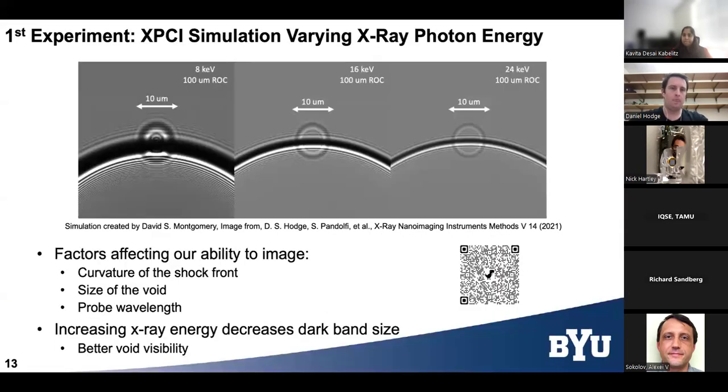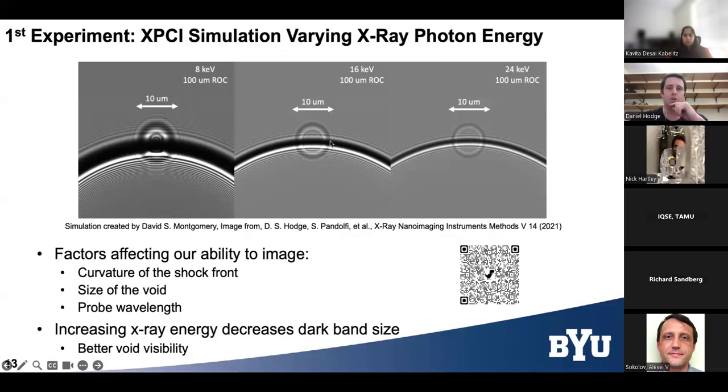And so, still on the first experiment, simulations were made, basically showing why refraction was the issue. So if we have this mock shockwave of a particular radius with a 10 micron sized void at 8 keV, that's obscuring a lot of the information.